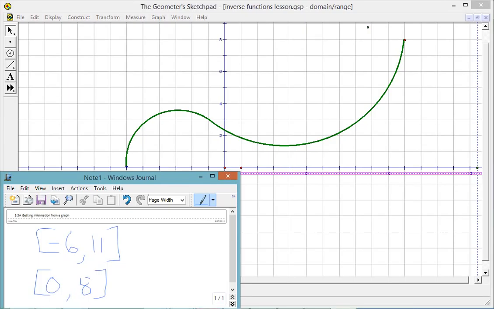I wouldn't necessarily write any x's in here, but I probably would somehow label that that was the domain and that was the range. Okay, so that's clear then. If you're talking about domain, you're talking about x's. If you're talking about range, you're talking about y's.